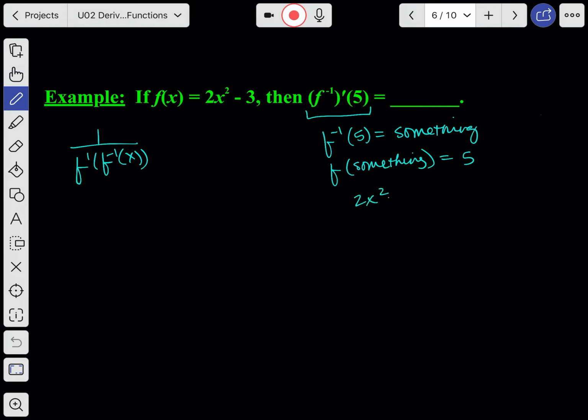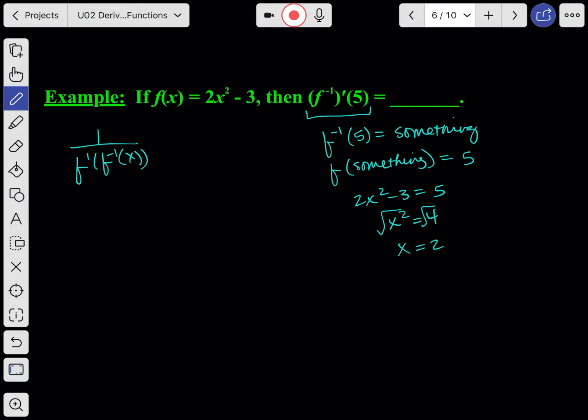Let's figure out what that something is. So we set our function equal to 5. Let's solve for x. Add 3 gives you 8. Divide by 2 is going to give you 4. When you take a square root, and here's what I was talking about earlier, normally you're going to have a positive and a negative. And that's fine, except if we have an inverse function, we need to restrict it to just the positive. All right?